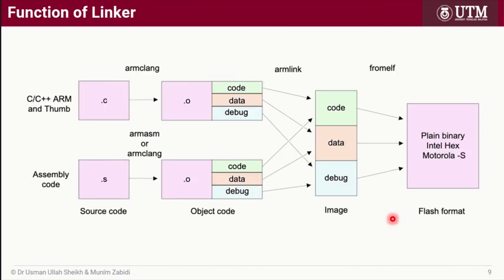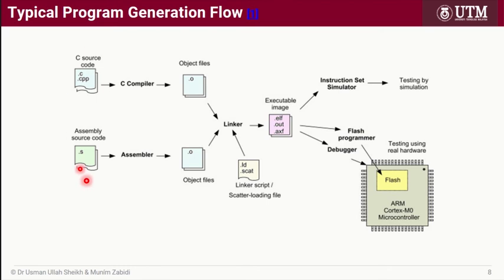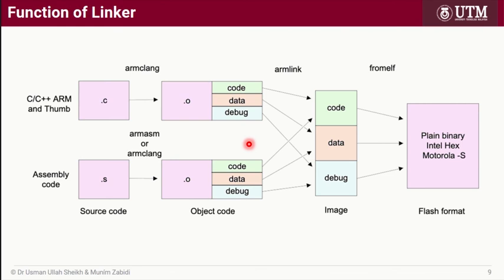Okay, for more details, this is the function of a linker. All of the object files resulting from step 1, before you do the linking process, must be combined in a special way before the program can be executed.